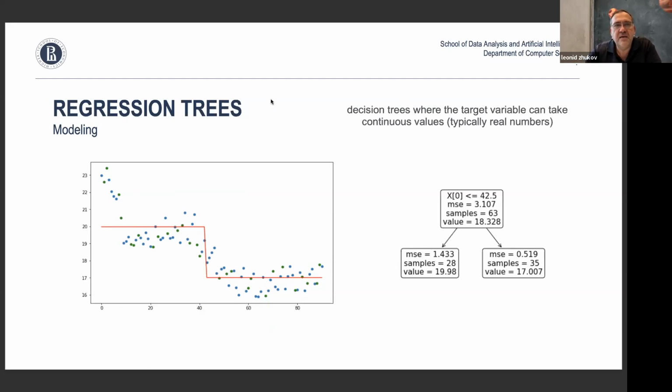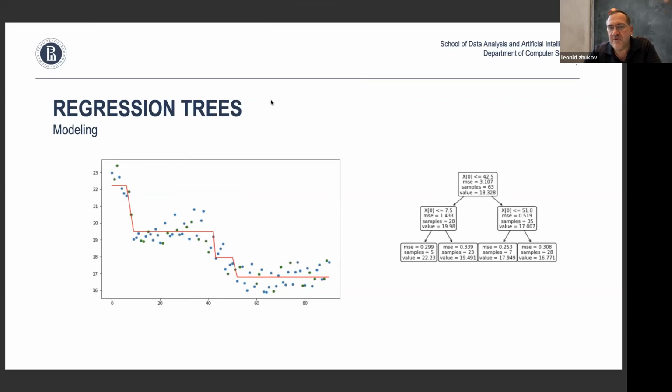So if we go further and build a tree, that's what it's going to look like. Now it splits into 4 pieces. Those nodes that were leaves before are now intermediate nodes, and these are the leaves.